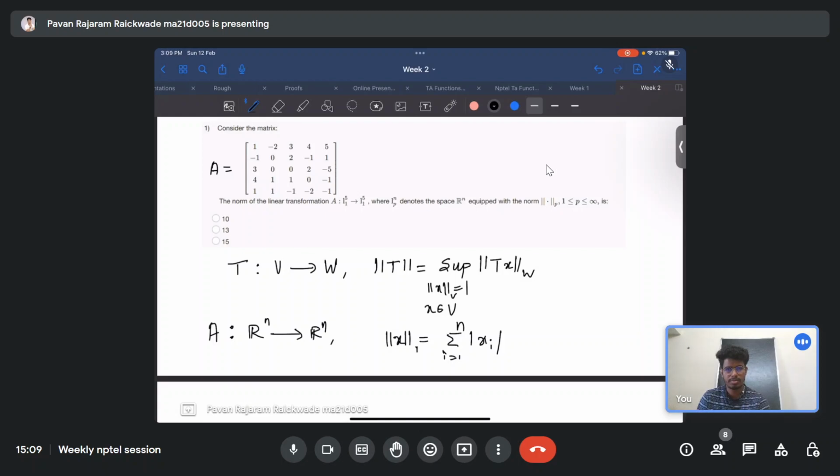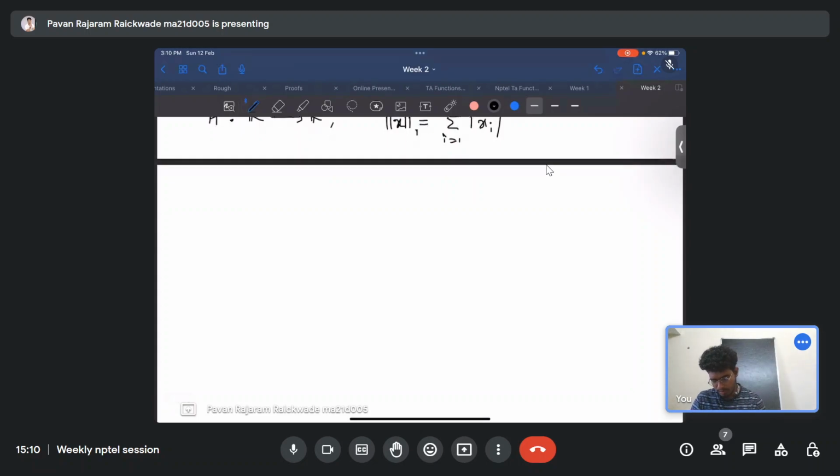Does anyone know what representation that is? Okay, so let's proceed. Here, what we can observe.